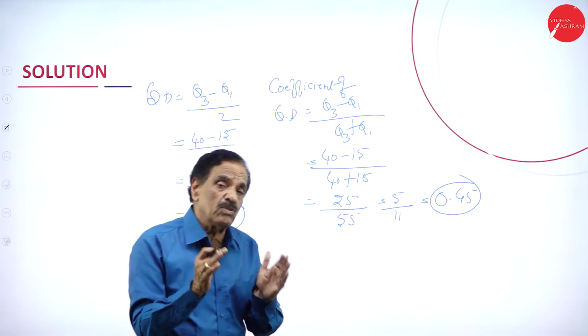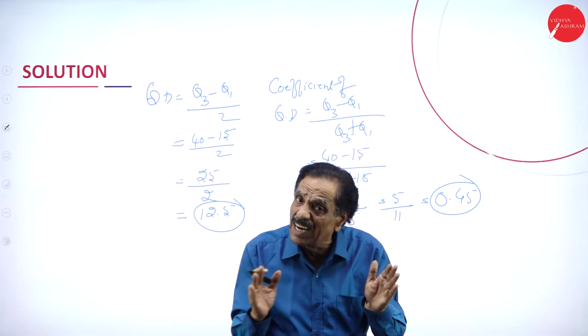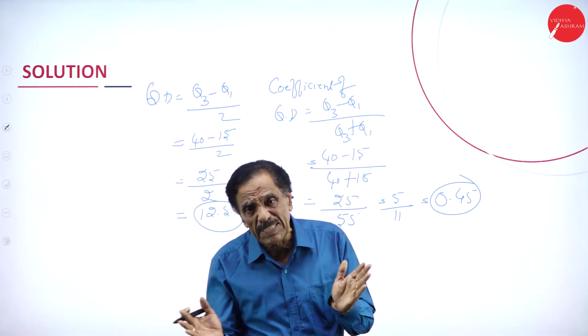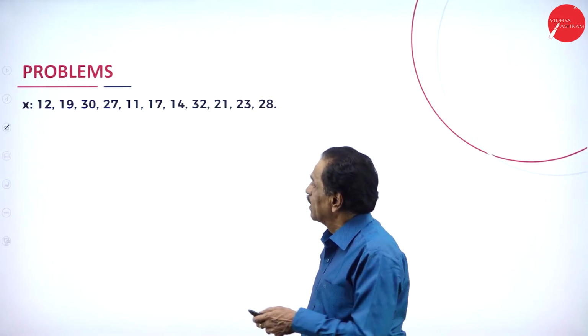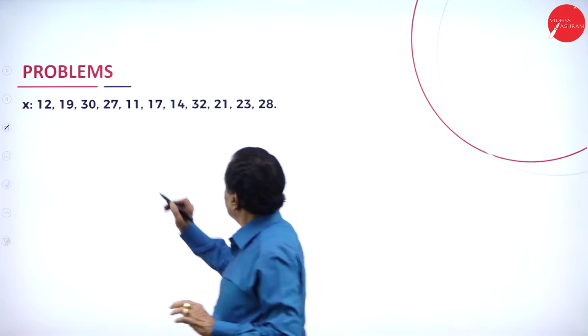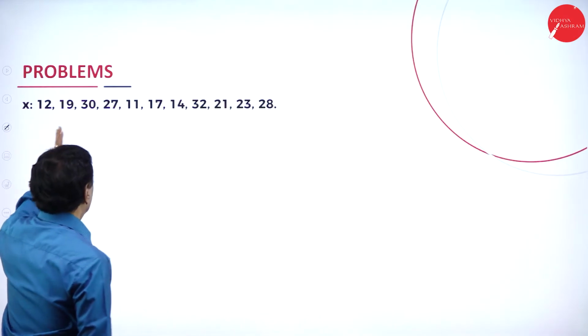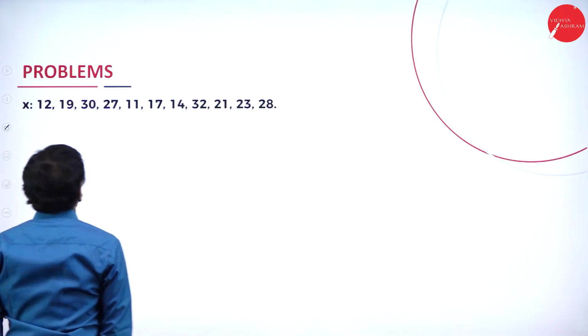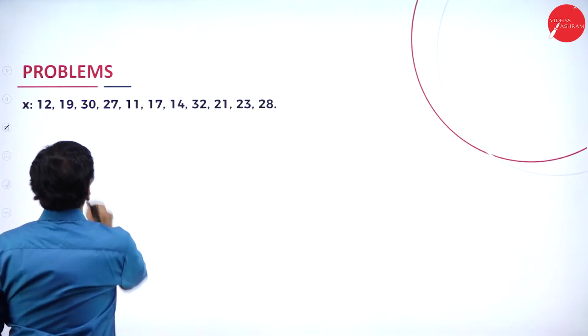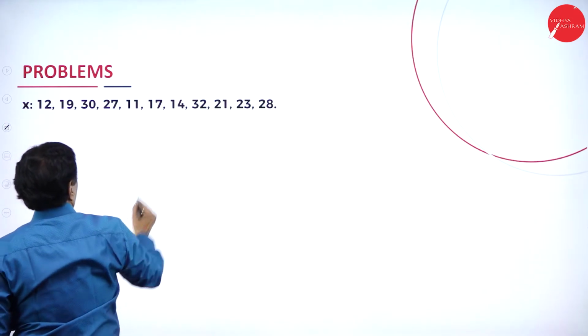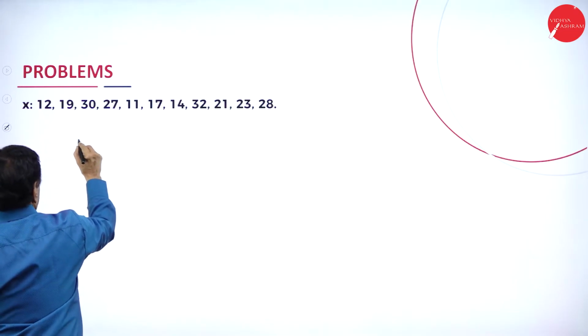What is the first step to do? Arrange in ascending order. If the given problem is already in ascending order, directly we can apply it. We will move on to the next one. Here are the numbers. Which is the lowest number you have got?